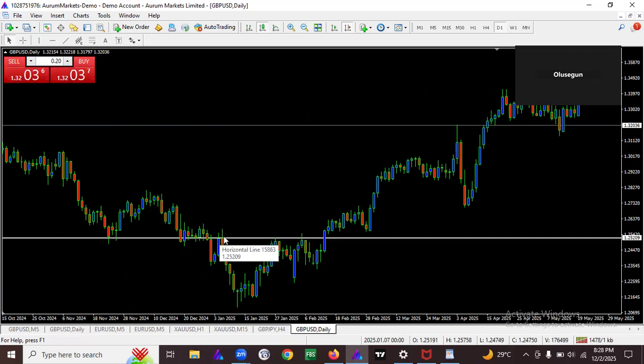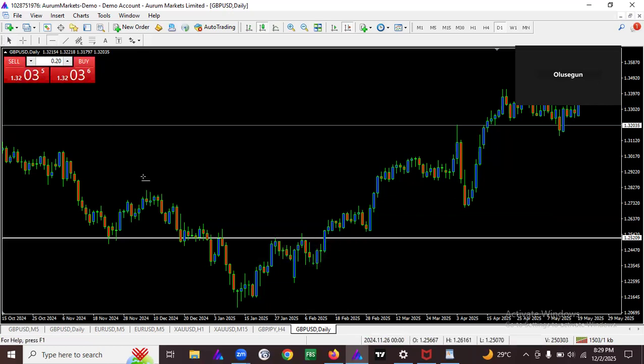You can see price dropped, retraced back. See the bearish reversal pattern that formed here. This is a hanging man. The next candlestick closed bearish. This would have been a sell. Also at this point, price retested that resistance level, and you see what happened. Price dropped.